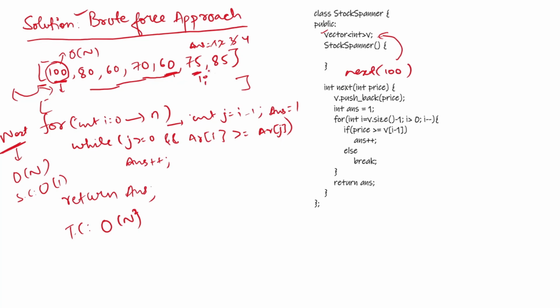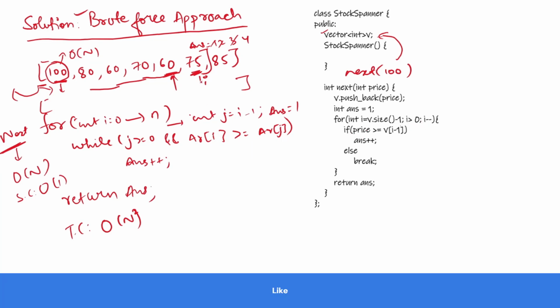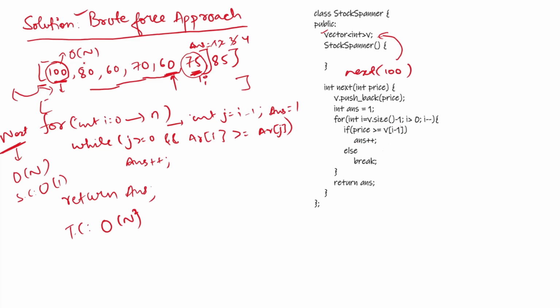Let's say I just entered 75, so I will start from here. I will start from v size minus 1, and until i is greater than 0, I check whether my price is greater; as long as it is not, I do answer plus plus, and otherwise if I get a greater element, I will break and return my answer.